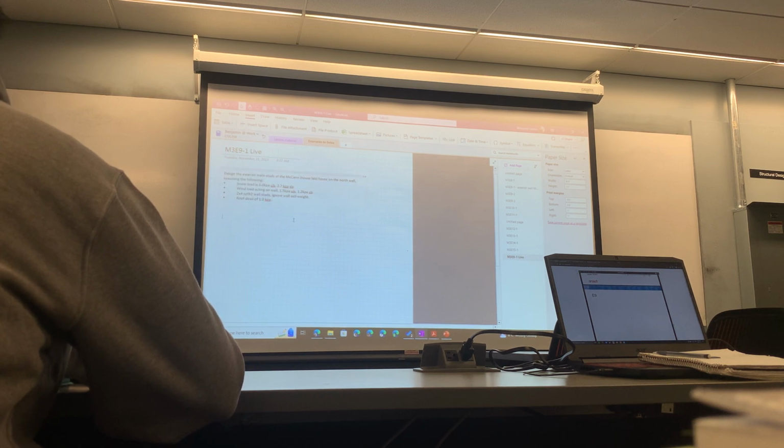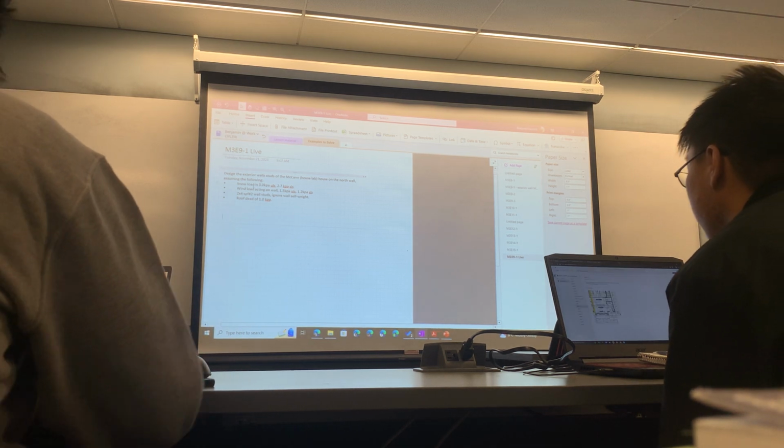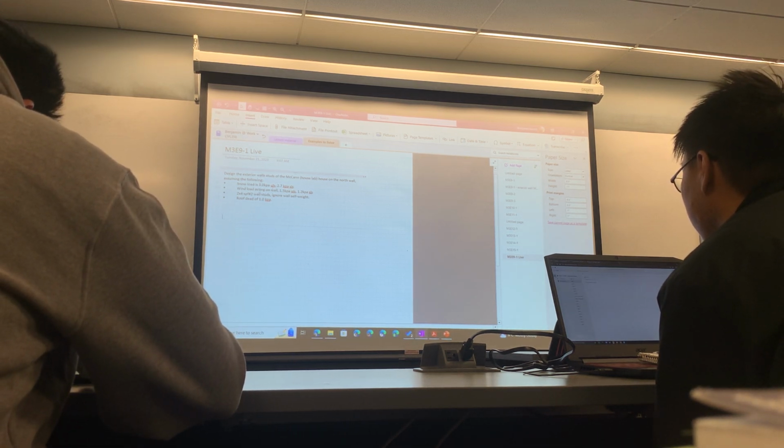Okay, so the question is: design an exterior wall for the McCann house on the north wall, assuming the following. Given snow loads, wind loads. How would you guys find snow and wind loads?